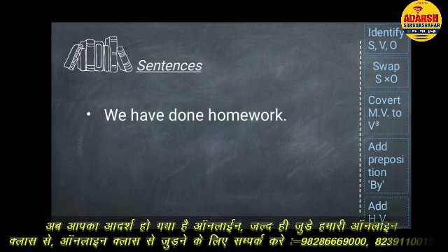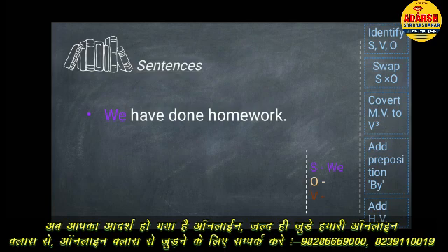Sentences of the same tense, and the steps we have also here. So let's go towards our first step, which is identify subject, verb and object. Here in this sentence our subject is we, because we is our doer. We is a pronoun and it's our doer who is performing our activity.